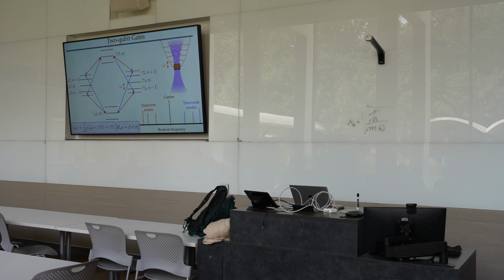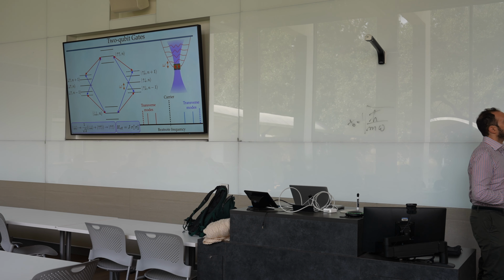So that's why I think you need to have that separation. Yes, I think so. Yeah, if your qubit separation is of the same order as the trap frequency, yes.